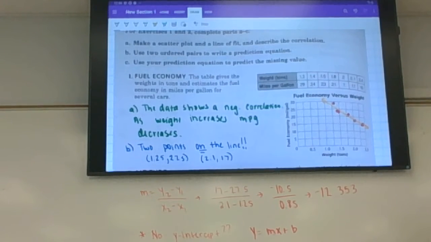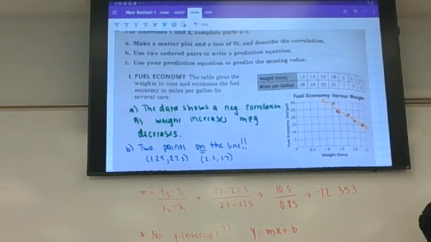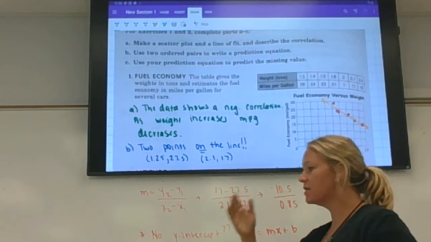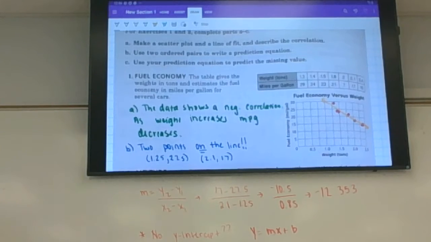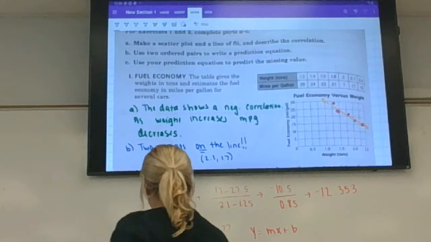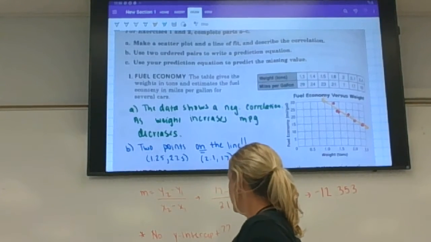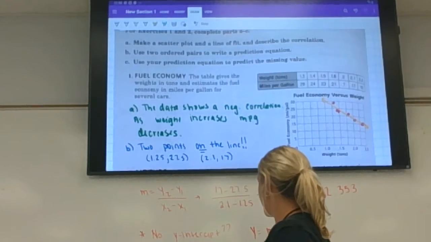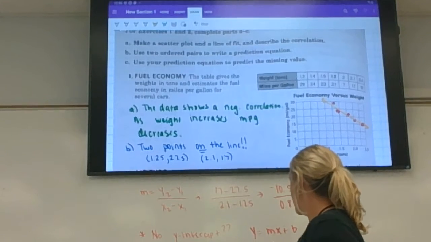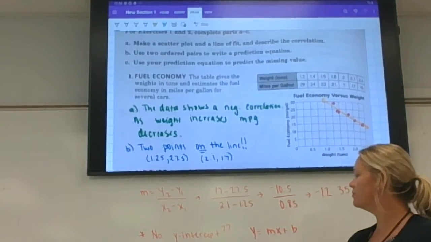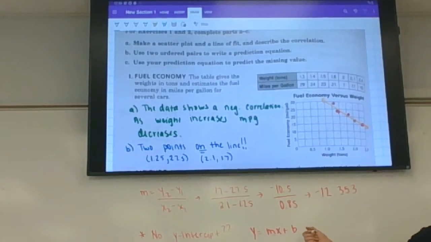What can we use? What can we use? Point slope form. Okay. If you don't see a y-intercept, use point slope form. Torian, so plugging zeros works if you're given the equation.